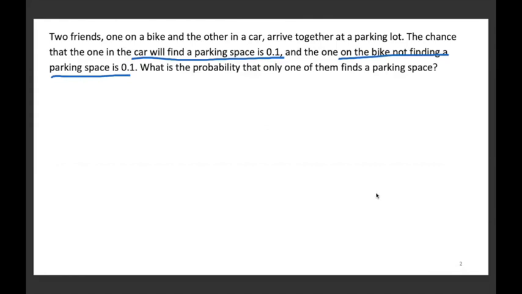Okay. So the probability of the car finding is 0.1 and the one on the bike not finding is 0.1.